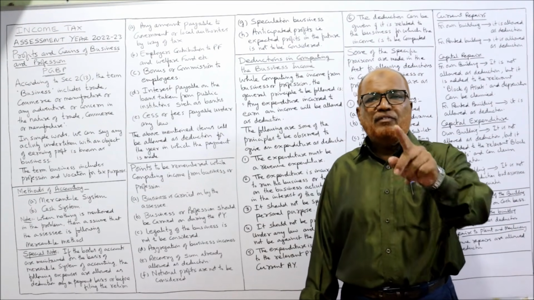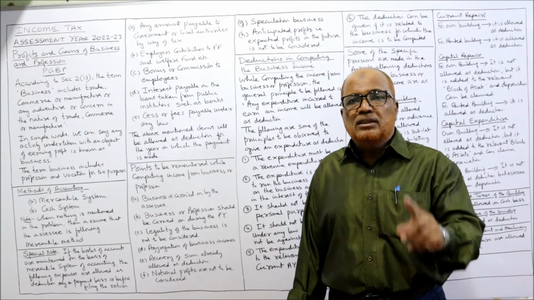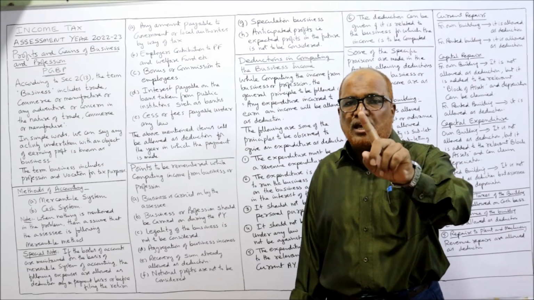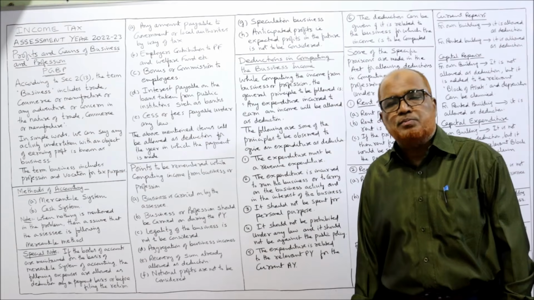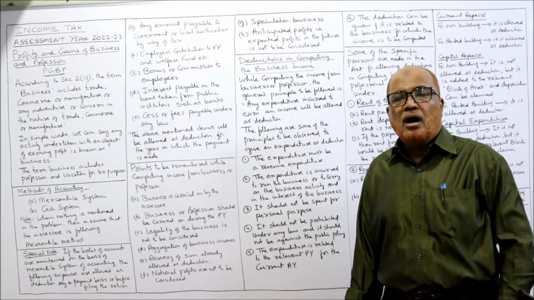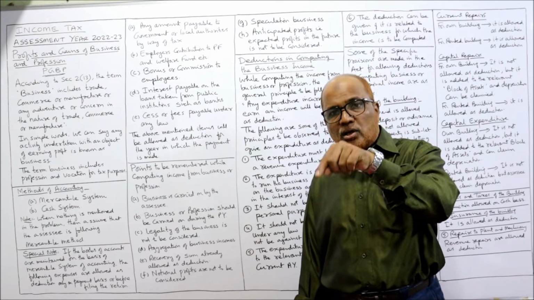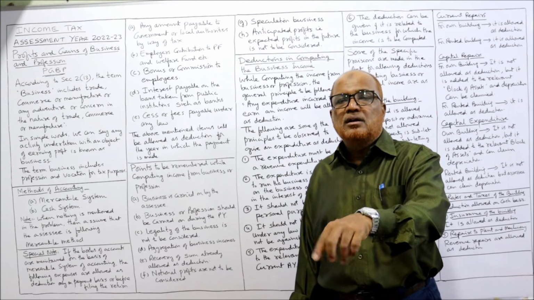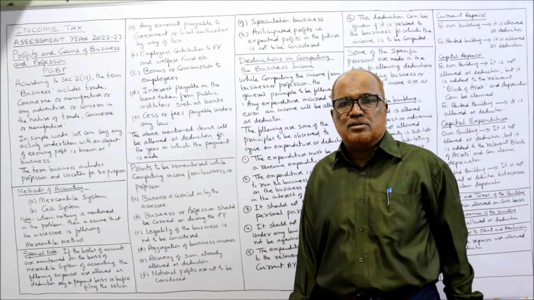But if a person is having loss in speculation business, that loss in speculation business cannot be set off against the profit of non-speculation business. The vice versa is possible. If a person is having loss in non-speculation business, that loss can be set off from profit of speculation business.